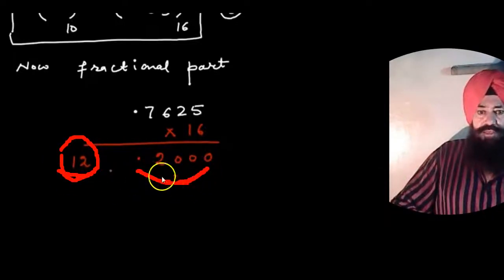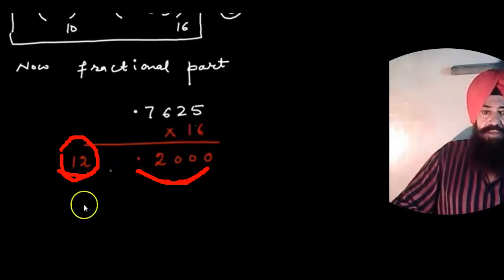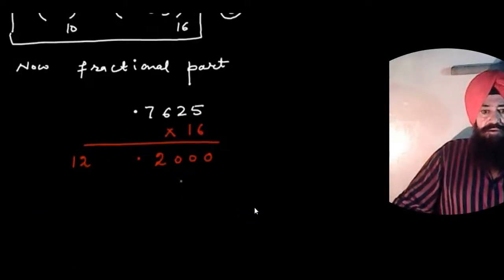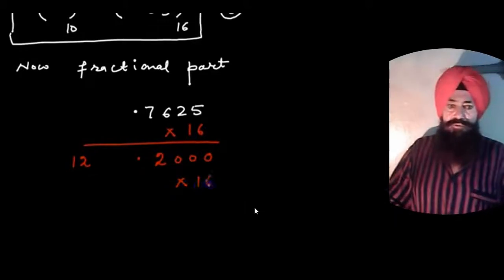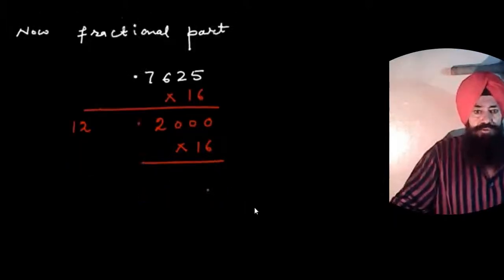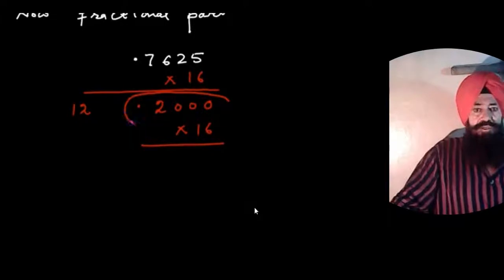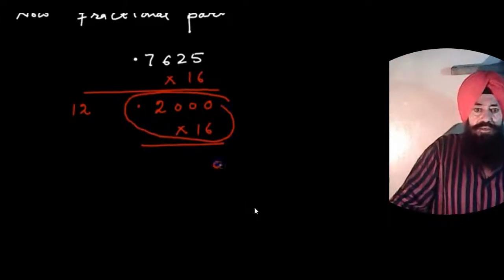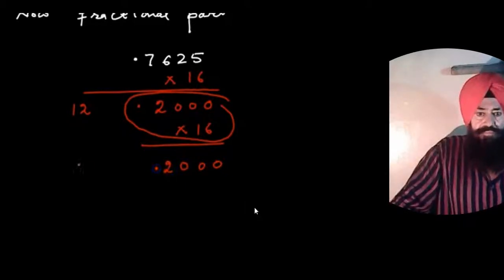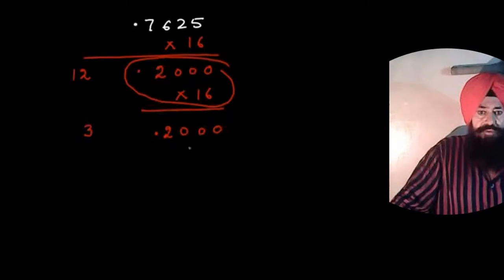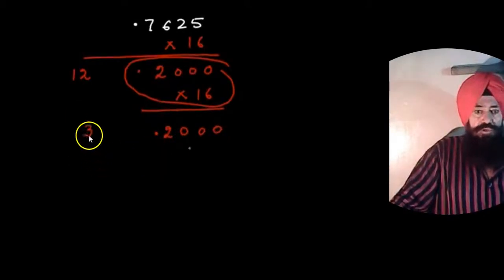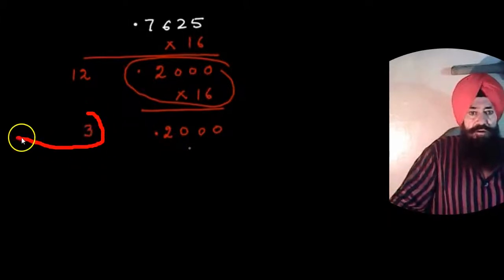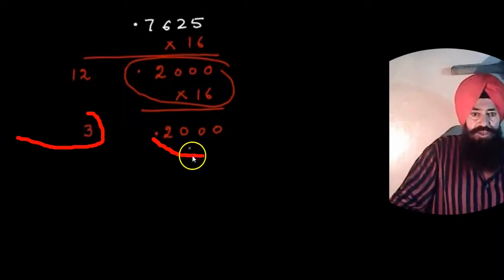Now this fractional part is again multiplied by 16. Only the fractional part, not the integer. So 0.2000 into 16, what you'll get now? You'll get 3.2000. So 3 is the integer. Okay, there's a fraction.